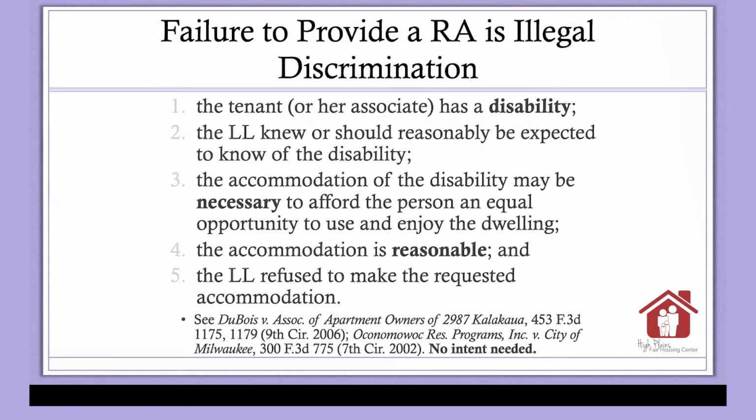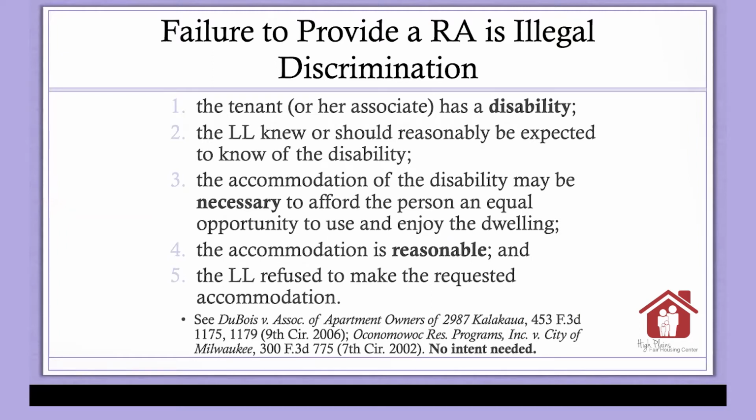So let's look at a relatively simple definition or articulation of the elements of this failure to provide a reasonable accommodation as constituting illegal discrimination. And here's a way that some courts have articulated it. It may be a little different in each case because it depends on the context and the facts.